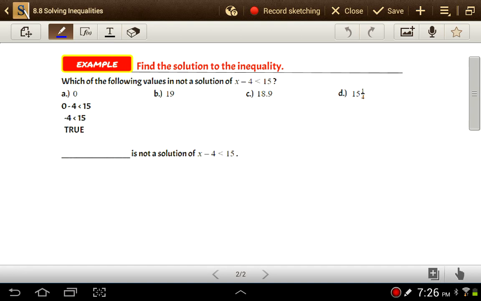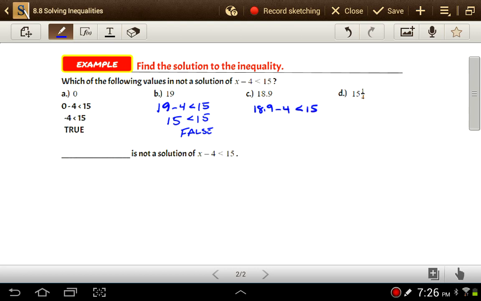Now for B, I'm going to plug in 19. So write this down. 19 minus 4 is less than 15. Now I do the work. 19 minus 4 is 15. Is 15 less than 15? No, 15 is equal to 15. So that is a false statement. Okay? Now let's try 18.9. If I plug in 18.9 for x, I get 18.9 minus 4 is less than 15.